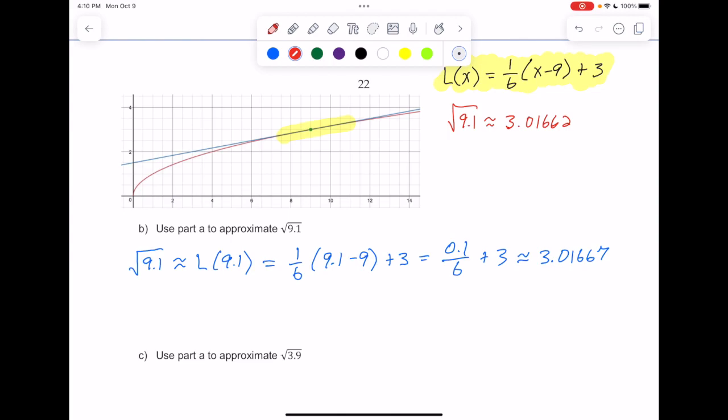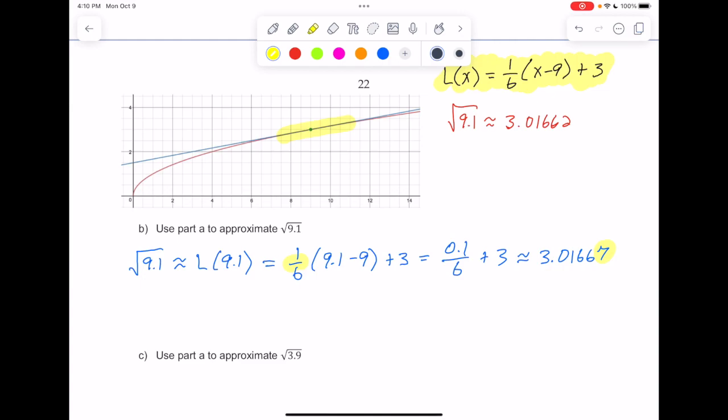Like if you ask somebody to calculate the square root of 9.1, they're just going to plug it into a calculator. And if they don't have one, they're probably going to be kind of stuck as to what they can do, because people don't do square roots of messy numbers in their head. But we can, with pencil and paper, do multiplication, addition, subtraction, division. And if you look at the stuff that goes into the linear approximation method of getting the answer that was really good, only off in the last place, what kind of math are we doing?